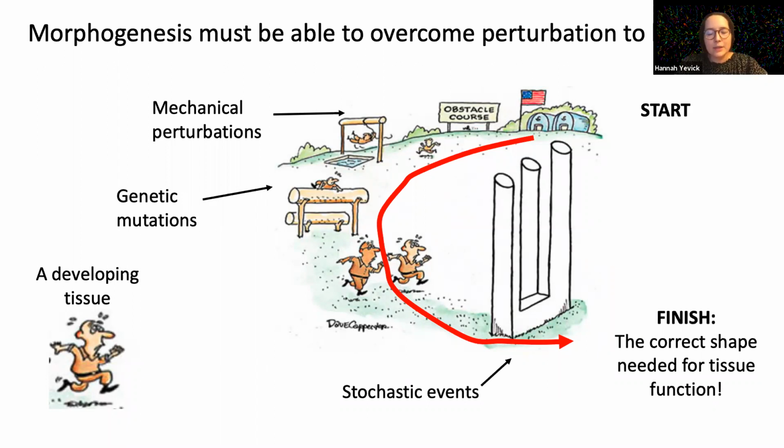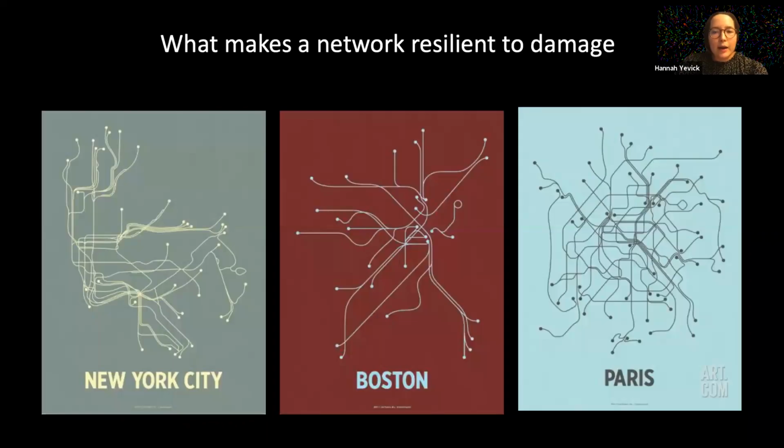And so when I was thinking about how this myosin network, or the network in the tissue, might potentially coordinate tissue scale properties and maybe the robustness of tissue folding, it got me thinking more generally about networks and network architecture, and how the way a network is organized can impact the overall robustness of a system and its resilience to damage. Here we're just seeing 3 examples of subway networks.